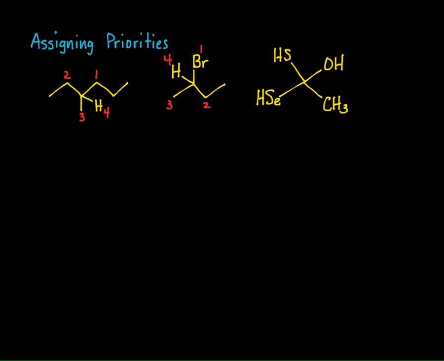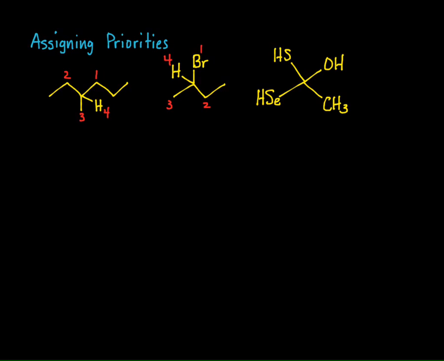Here's an example. I have all sorts of things coming off of ethane, right? I have an alcohol, a thiol, a selenol. SeH is a selenol. And so I have a stereogenic carbon. Sometimes you'll hear the term a chiral center or a chirality carbon. There's all different types of names for these, but here we're going to choose to use a stereogenic carbon. But every once in a while I might say a chirality center.